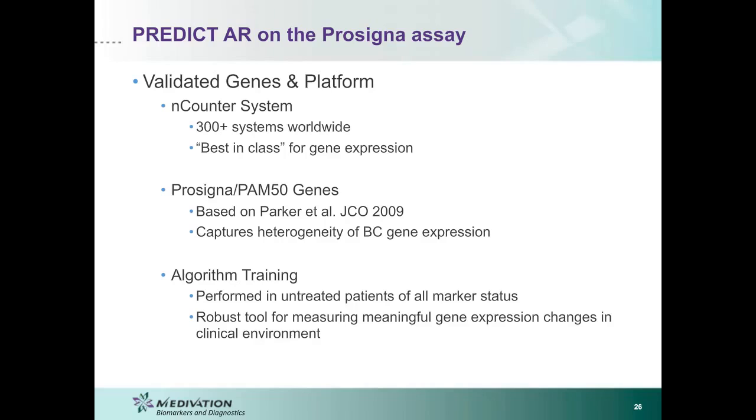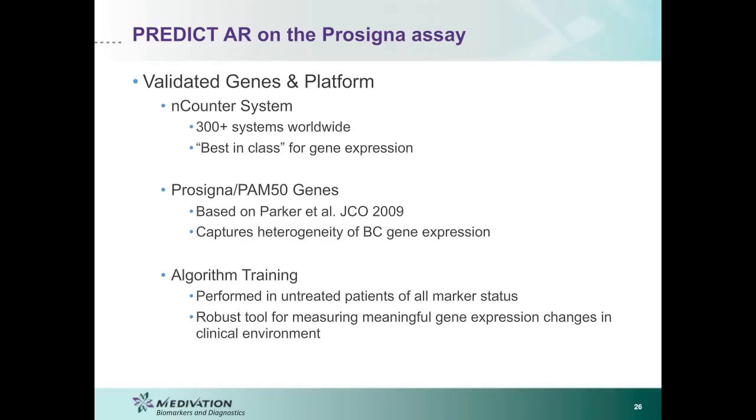But I want to visit that now just so it's understood the level of effort that it takes in order to move one of these assays into clinical utilization. So the Prosigna assay is already a validated platform, has more than 300 systems worldwide for testing breast cancer and producing the risk of relapse score.